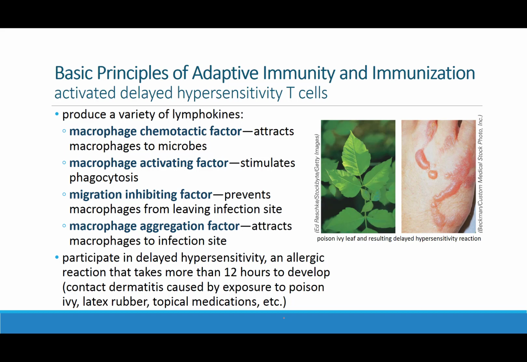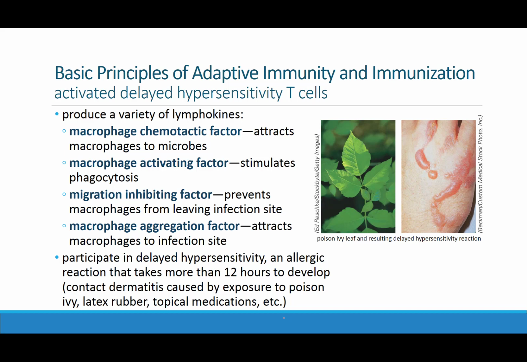So we have macrophage chemotactic factor. It causes positive chemotaxis, and it attracts macrophages into where the microbes are that have infected the body. It also produces macrophage activating factor, which activates the macrophages to do their macrophage work, to phagocytize bacteria.